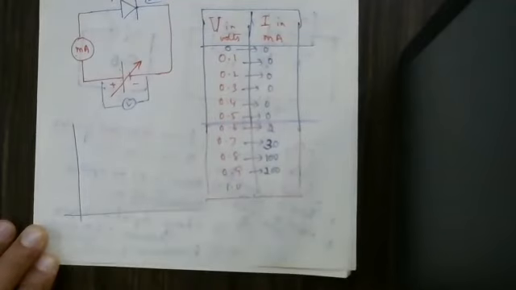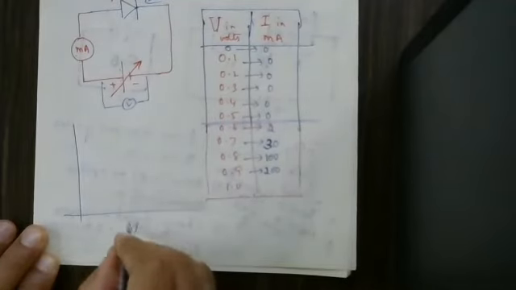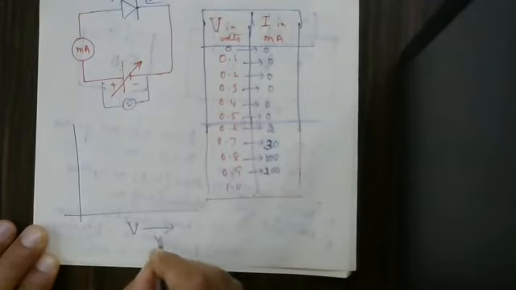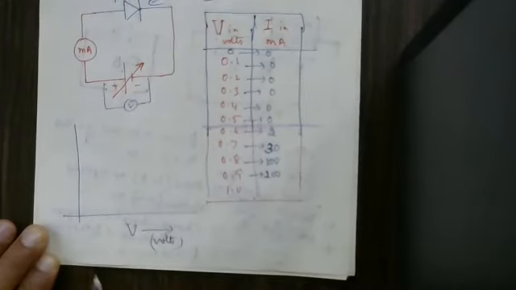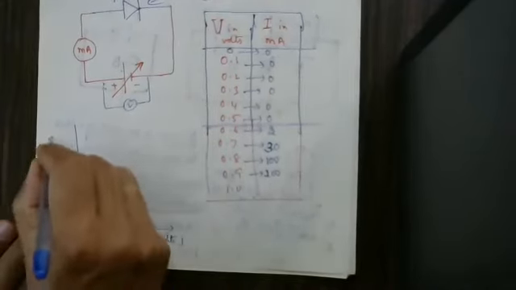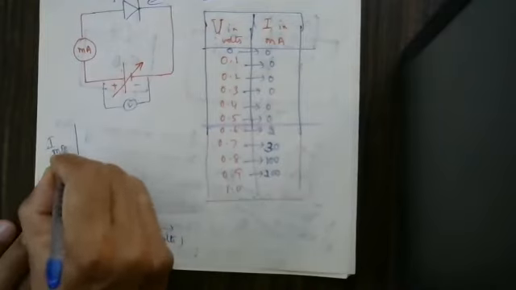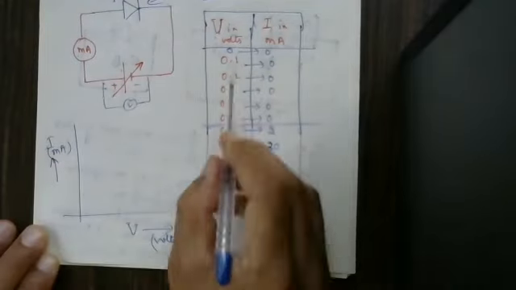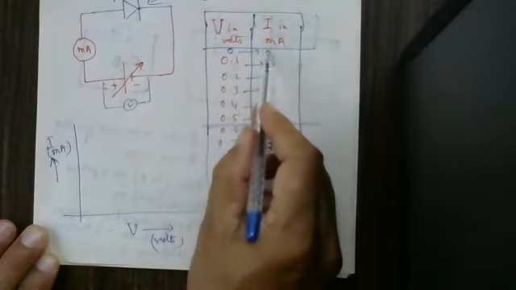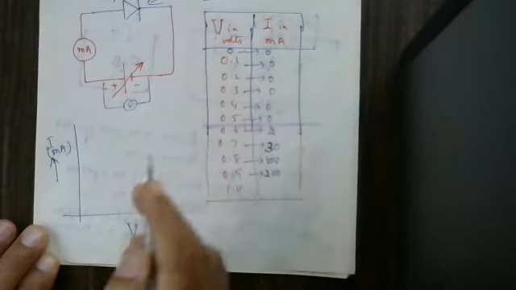This is a graph sheet. Here you are supposed to plot the voltage V in volts, and this is current I in terms of milliamps. Here 0 volts, 0 current. 0.1 volt, 0 current.